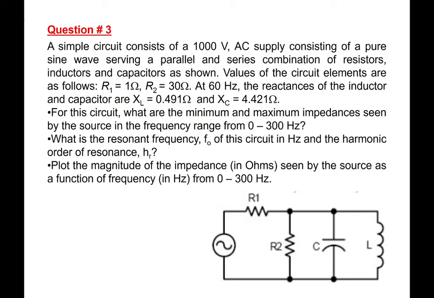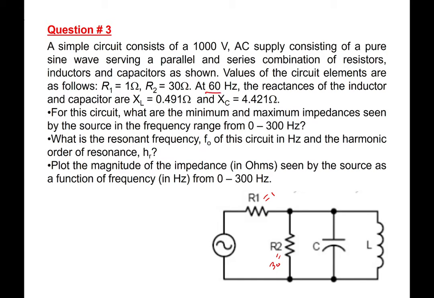Let us look at this problem over here. It says that a simple circuit consists of a 1000 V voltage source supplying a pure sinusoidal waveform, in series with R1 with the value of 1 ohm, and R2 with the value of 30 ohm.